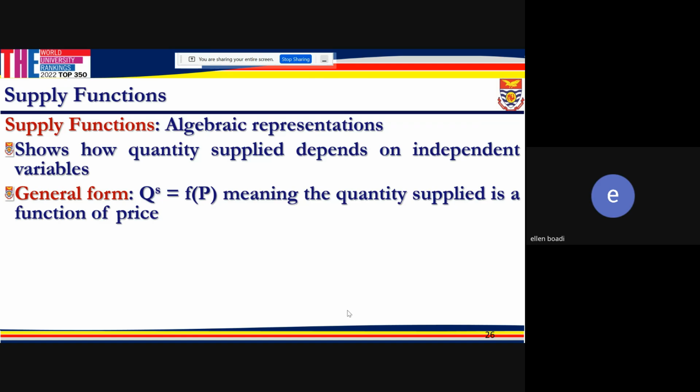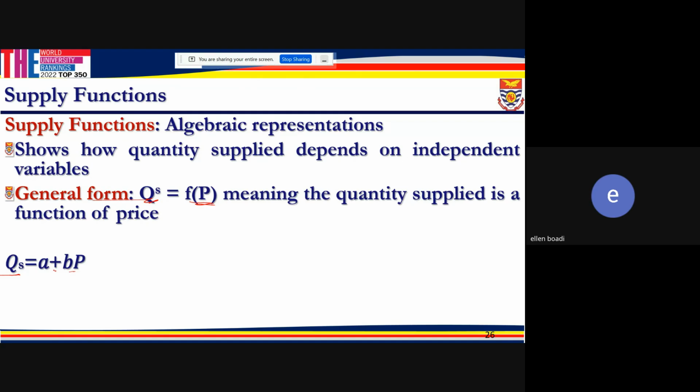The general form is that quantity supplied is a function of price. It means that quantity supplied depends on price. And this is how we put the supply function: QS = a + bP.